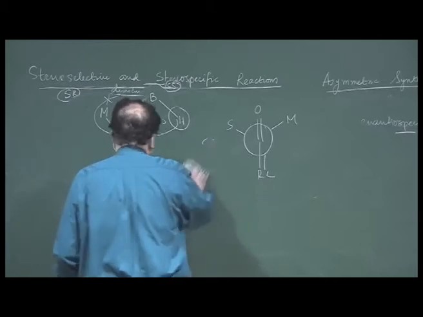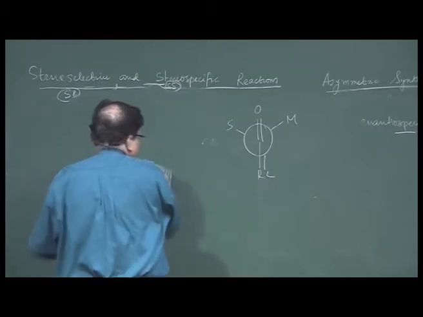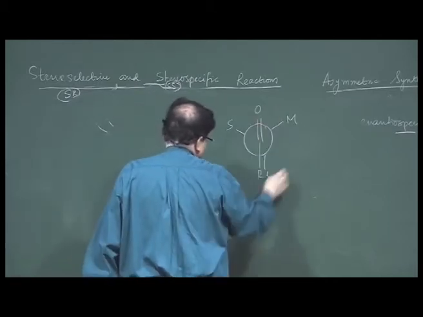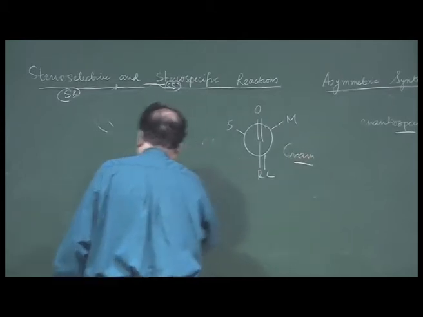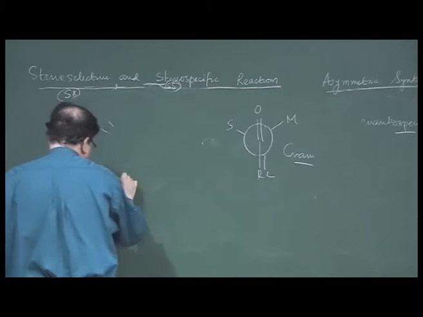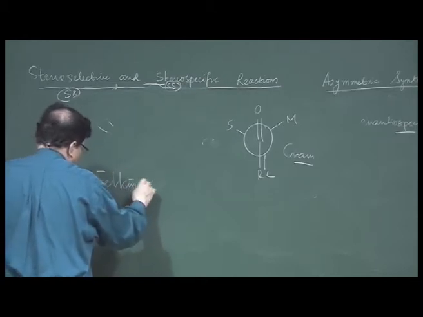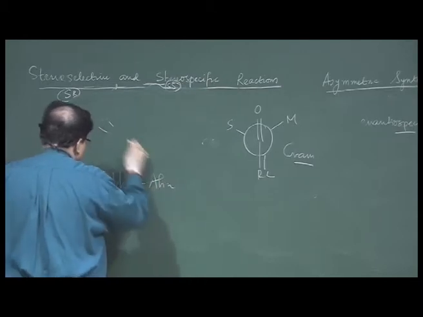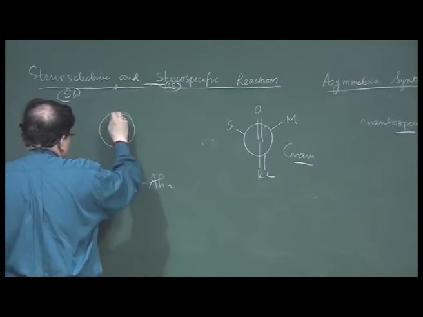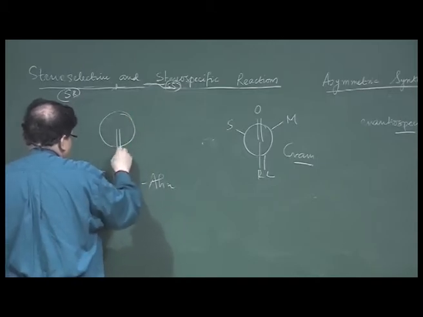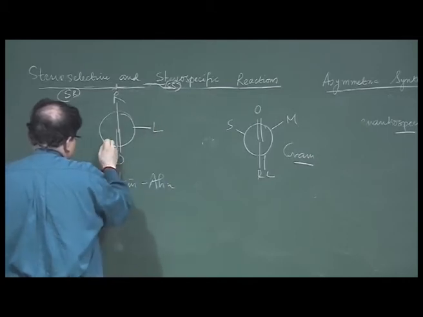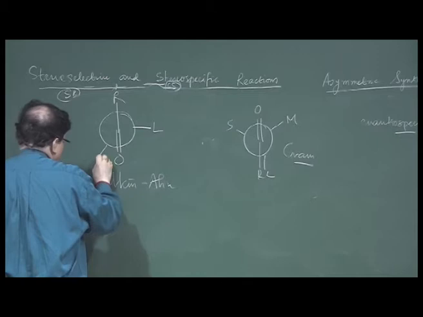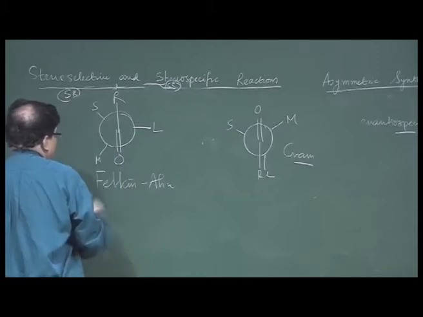So, according to Cram, this is the situation, this is the preferred conformation, this is the Cram model, and according to the Felkin-Anh model, you have to place it so that the carbonyl is here, this is R, then L is here, M is here and S is there, and not the other way.